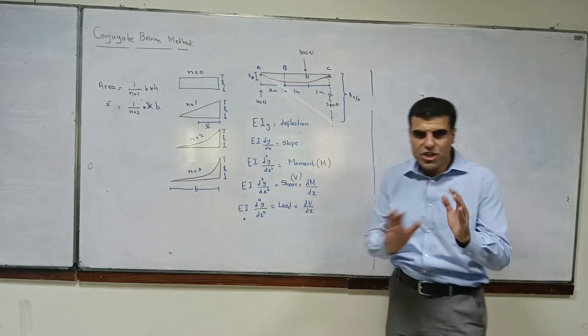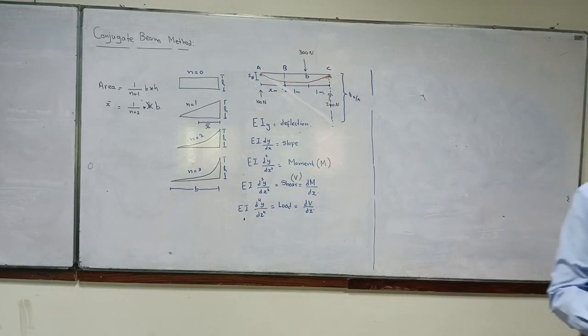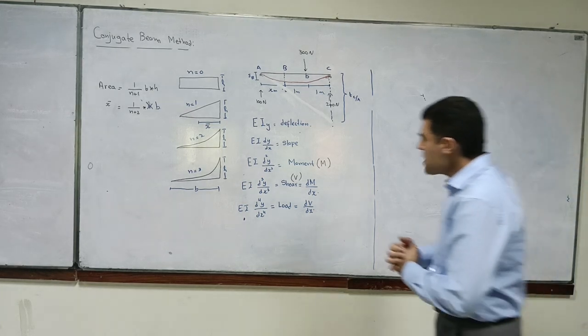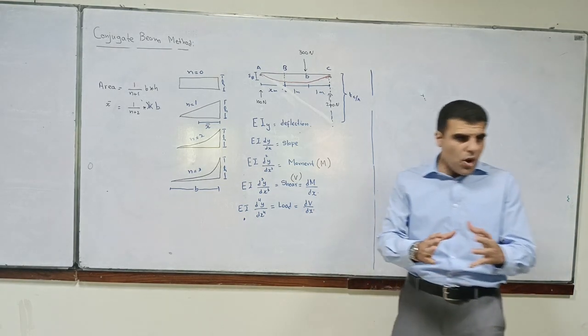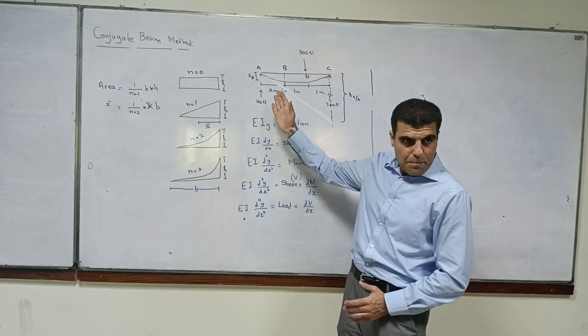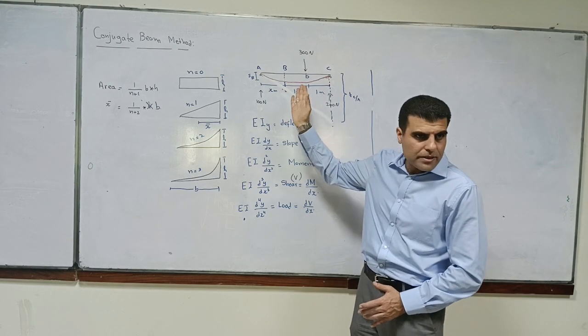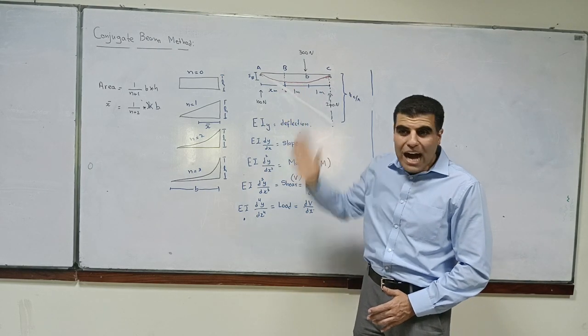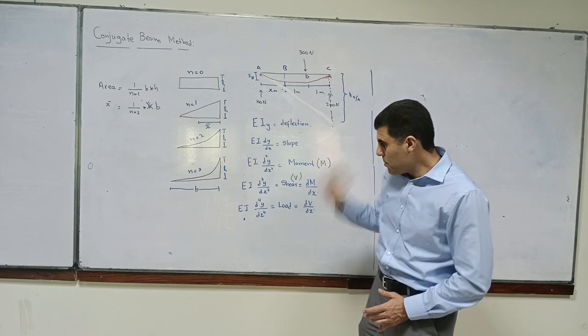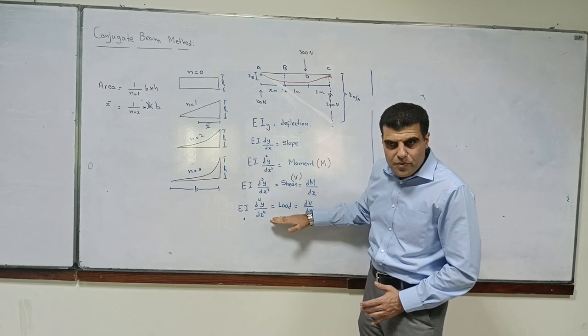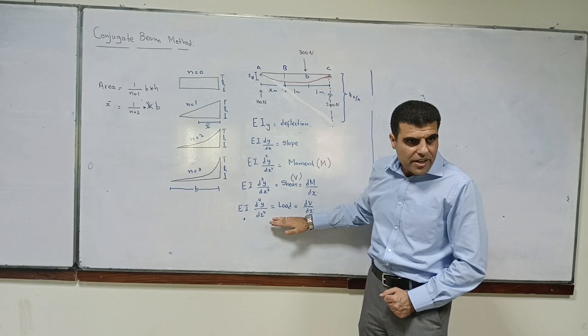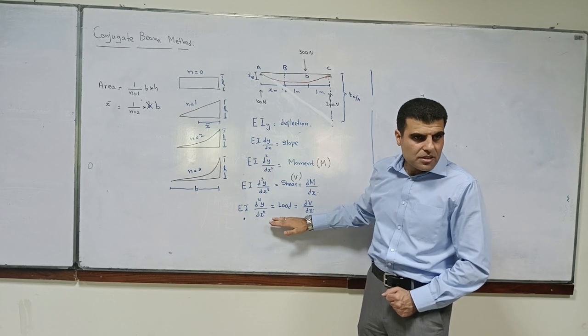Now look at the relationship. Now we have to develop an analogy. How do we develop that? You have a beam, for example, which is subject to some loading. How do you find out shear?